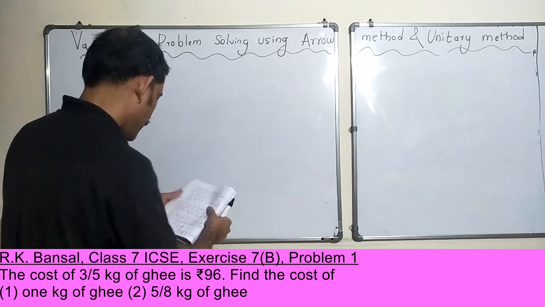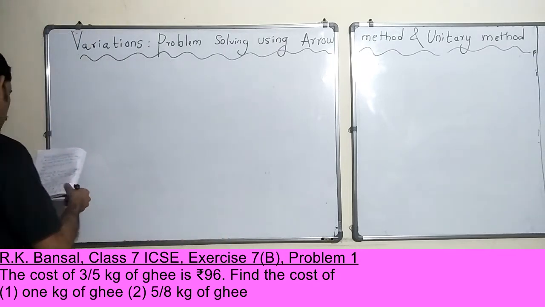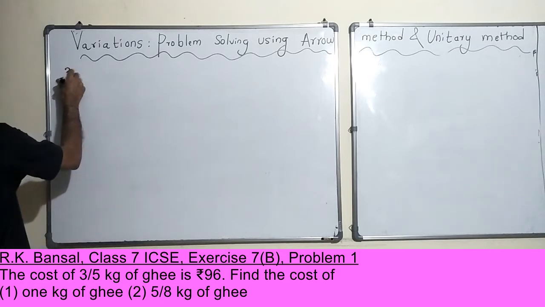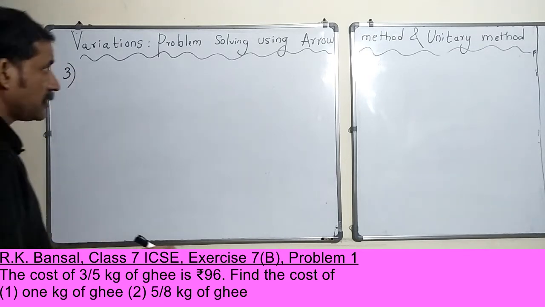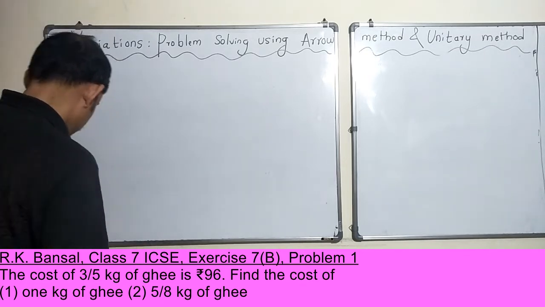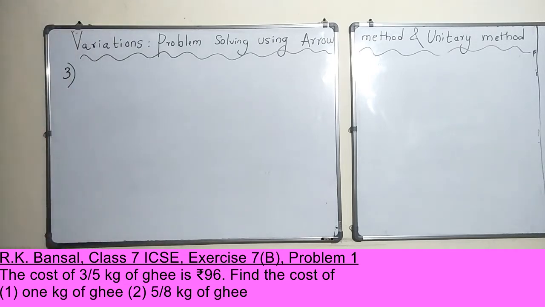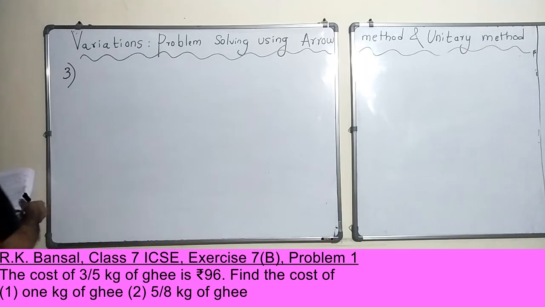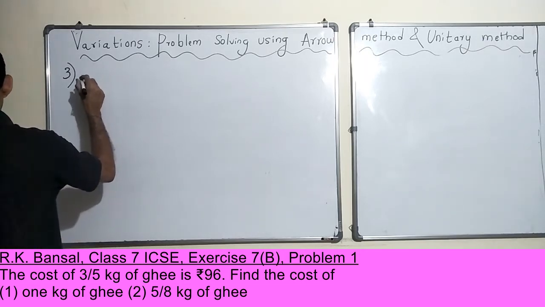All right. So now, which method should we use, the unitary method or the arrow method? Let us see. All right, we'll go with the unitary method.